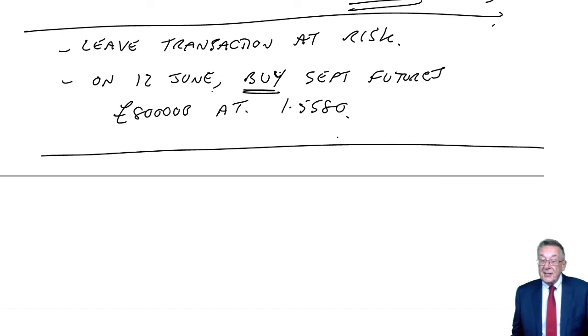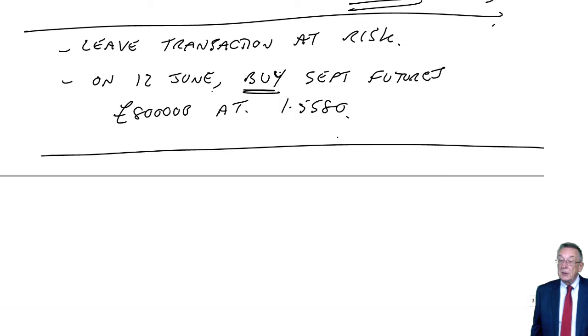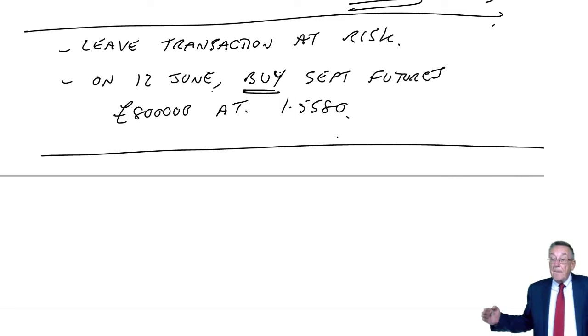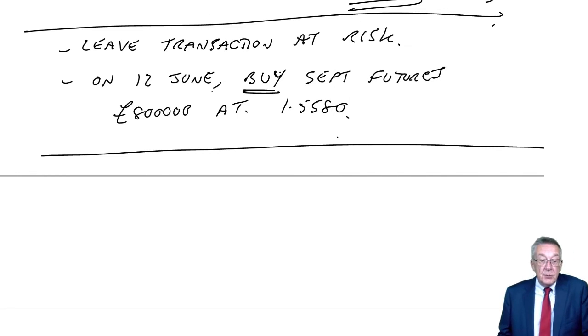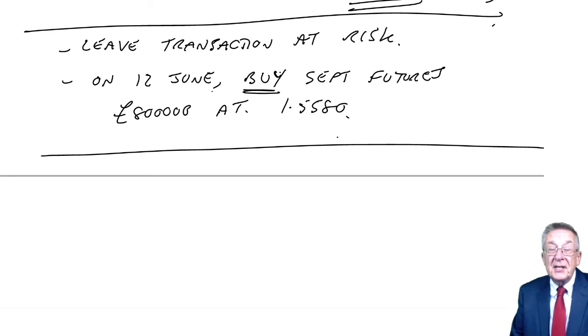So remember, all we've done today, the 12th of June, with the transaction, we just left it. I've rung the dealer and said, buy me £800,000 worth of futures. Apart from paying a deposit, which we don't worry about in the exam particularly, it's not actually cost anything.